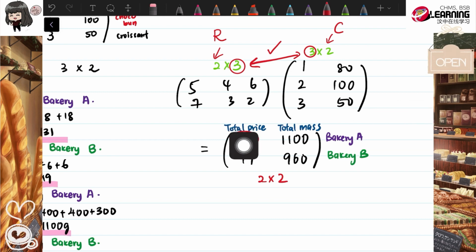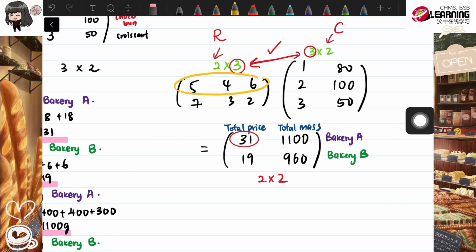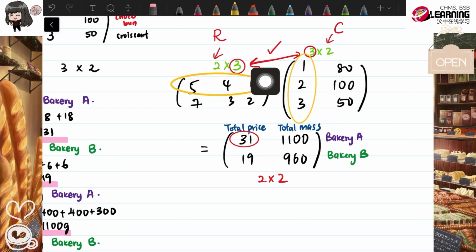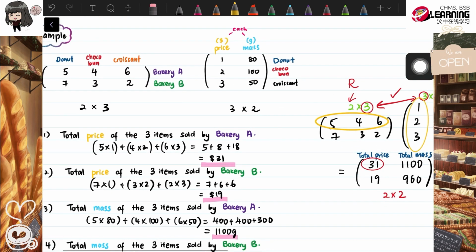This first row, first column comes from this one and this. First row, when we times and plus with the first column. That's why it's 5 times 1 plus 4 times 2 plus 6 times 3, and the total price is $31. This one comes from these two, which is donut, choco bun, croissant, and from bakery A times the price. Okay, first row and the first column.